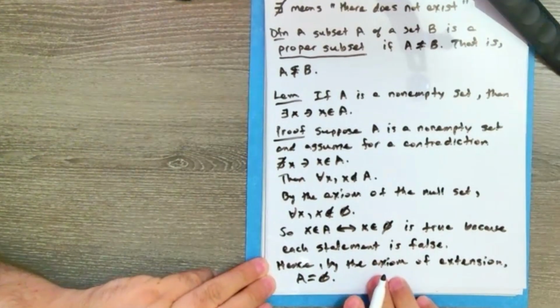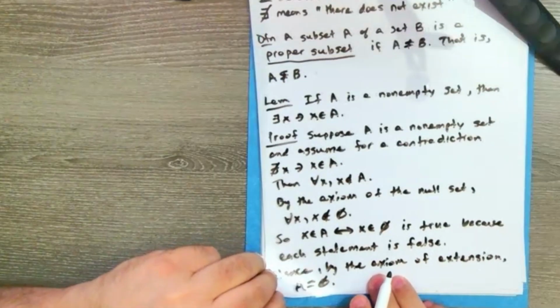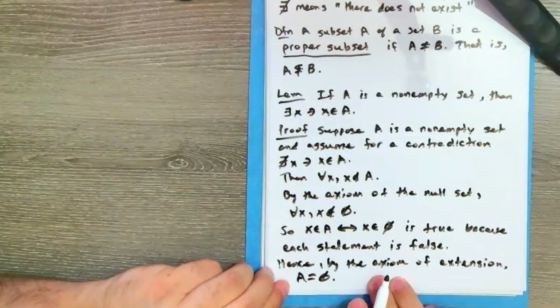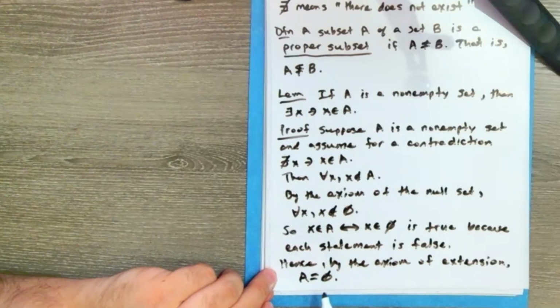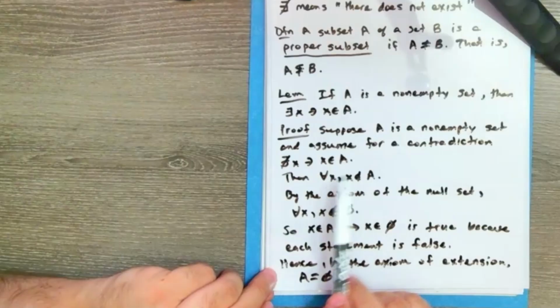That is, they are the same set. This is a contradiction since A is the empty set contradicts the hypothesis that A is not empty.